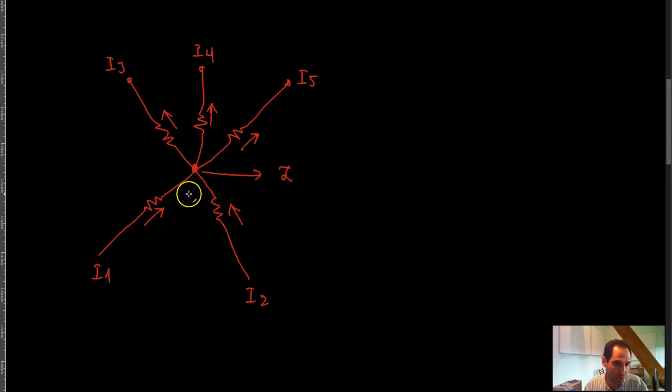Nothing can remain there, or nothing can be unaccounted for as far as current is concerned. Now let each of these resistors have a value of, for example, 820 ohms, right?